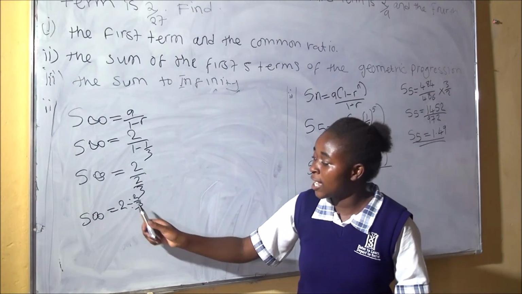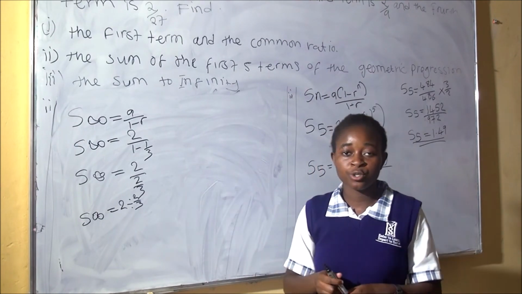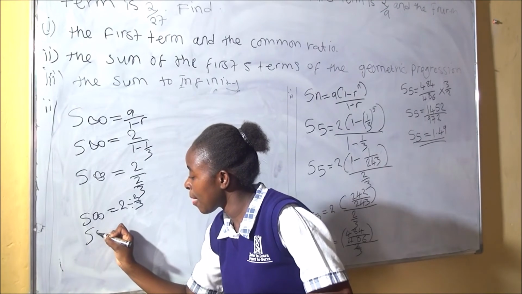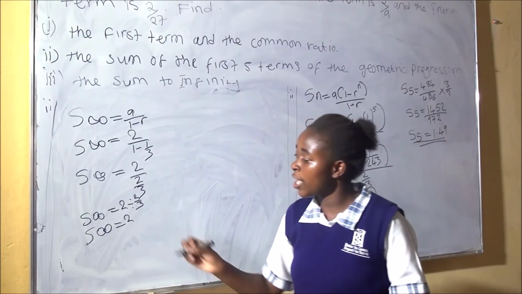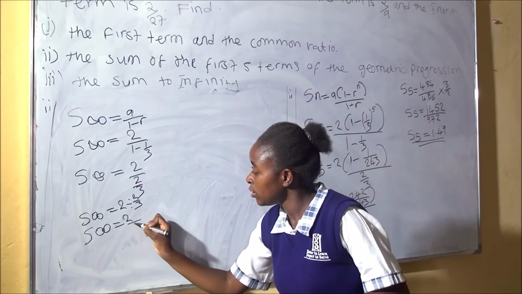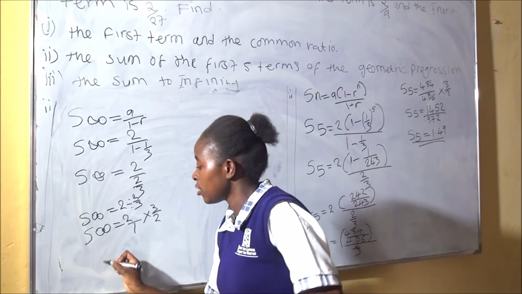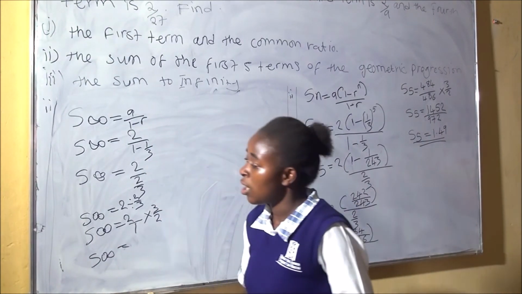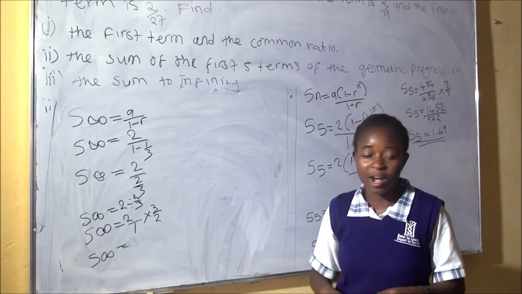This sign here has to change to a multiplication sign, while the 3 and the 2 change places. So here it will be the 2 over 1 times 3 over 2. So our sum to infinity will be equal to, we'll multiply 2 times 3 will have 6, then 1 times 2 will have 2.